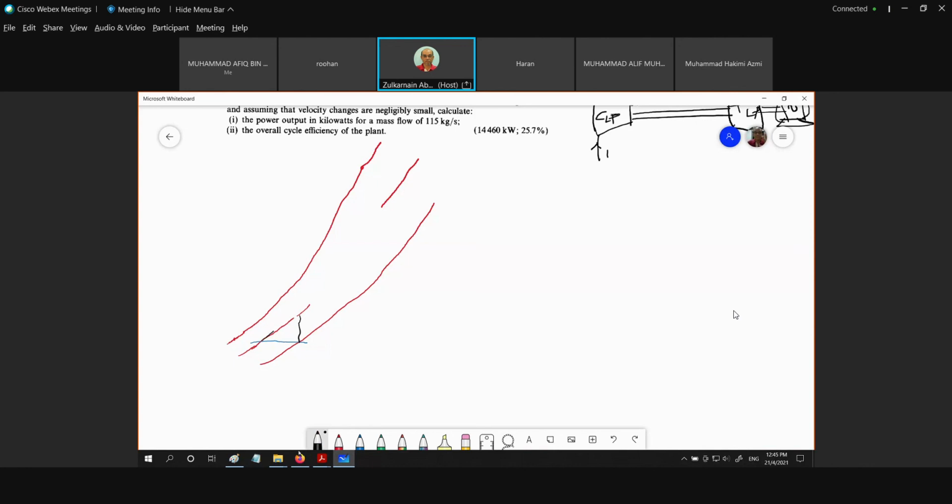Intercooler. Then we are going to have the same level of compression process. Okay, same level. And then because of the isentropic efficiency, the level of this also should be the same. Okay, they are the same because of the same pressure ratio, complete intercooling, and same isentropic efficiency.